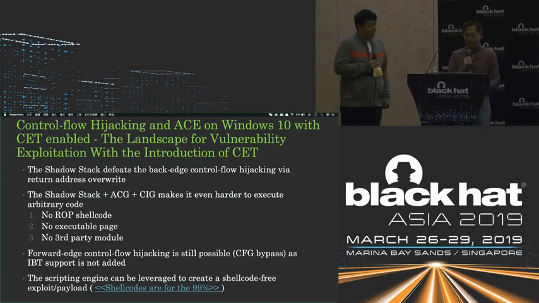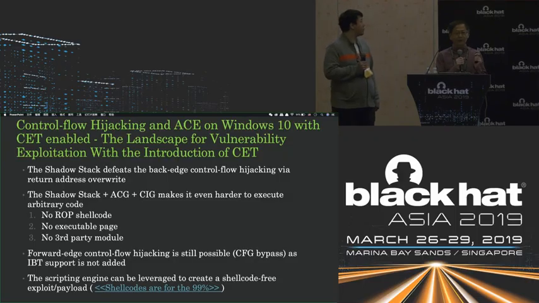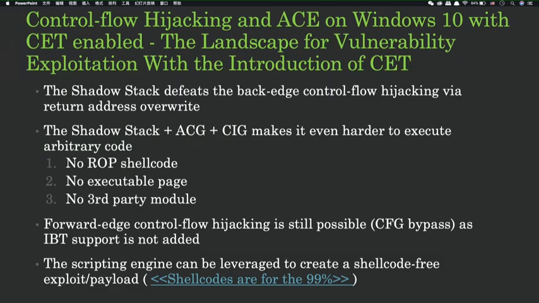First of all, we believe the CET shadow stack itself defeats back-edge control flow hijacking via return address overwrite. As we know, the way it does this is through hardware, and at this moment only a certain set of instructions can be used to modify the content on the shadow stack.